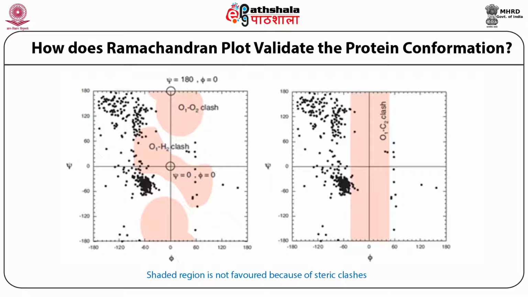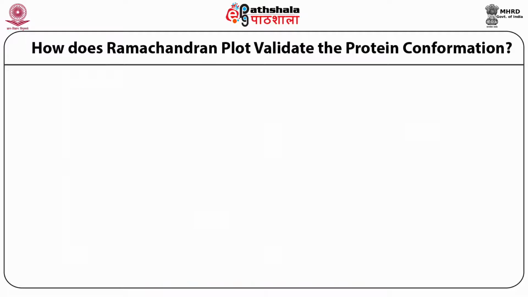In the second diagram, the shaded region explains an O1, C2 clash. So mainly the shaded areas are not allowed because of steric clashes. They are unfavorable for energy reasons. Here there is another situation where we set psi equal to 0 and then we vary phi.